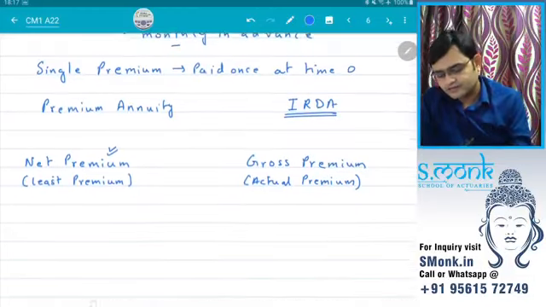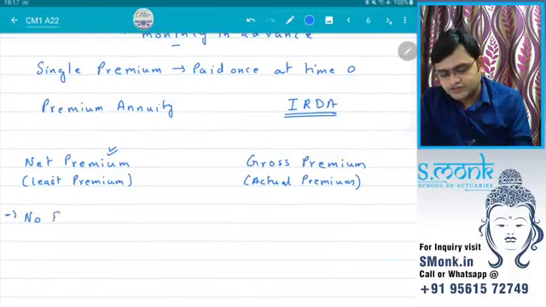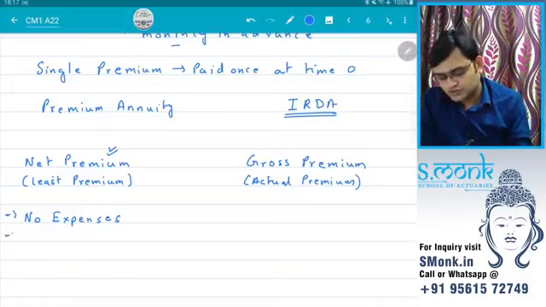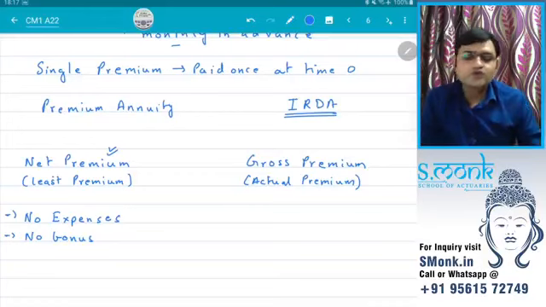In that, they do not consider any expenses. No expenses, no bonuses. They do not take into account any future bonuses that have not been promised.